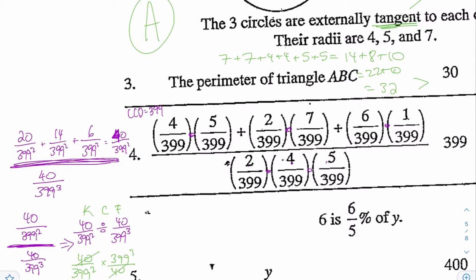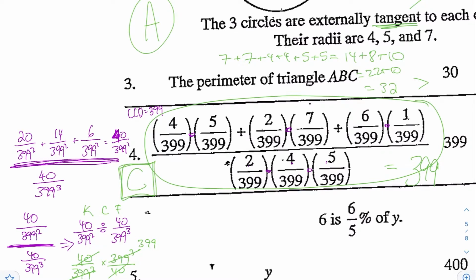And the 40 cancels out, and 2 of the 399s cancel out, and you have just 399 left. So everything on this left side is just equal to 399, which is going to be equal to 399, so the answer is going to be C. So you use the LCD to rewrite the numerator and the denominator, and then you have a complex fraction. And to solve a complex fraction, you just rewrite using this division symbol and keep change flip.